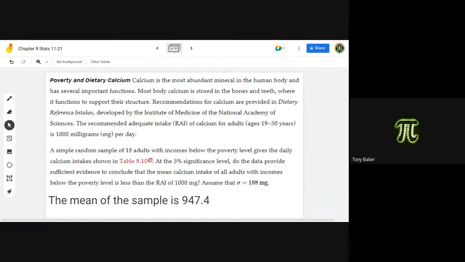All right, find me my answer. Find me my pieces: the null hypothesis, the alternate hypothesis, the mean, standard deviation, and z-score.